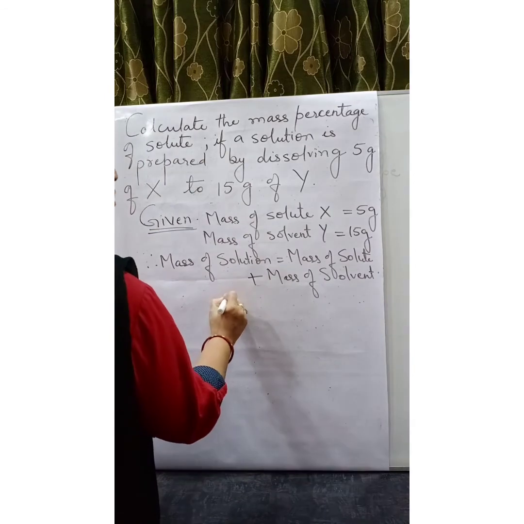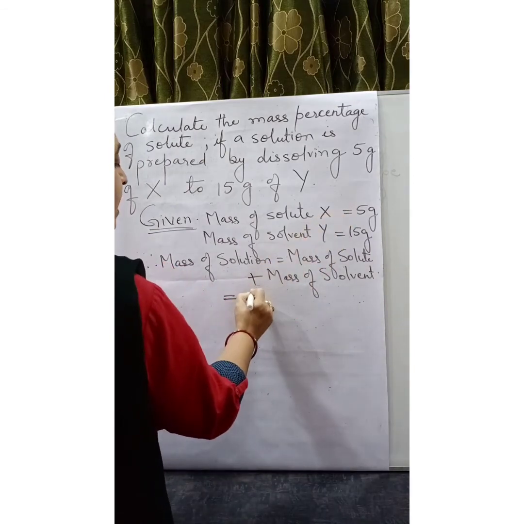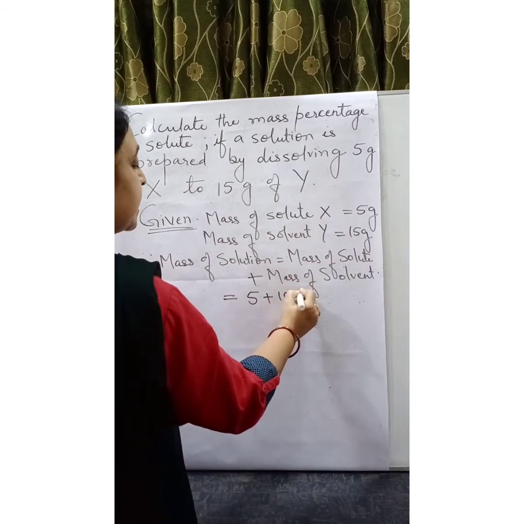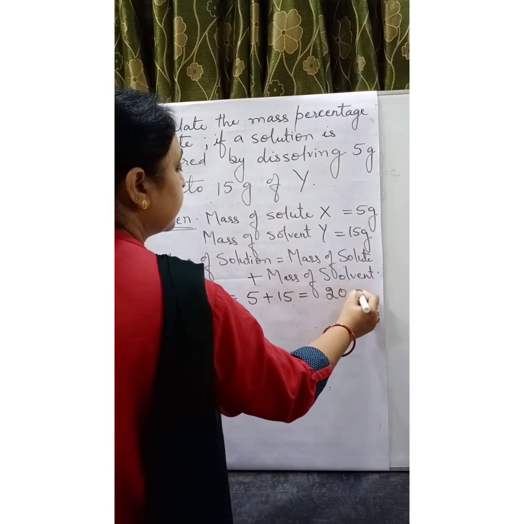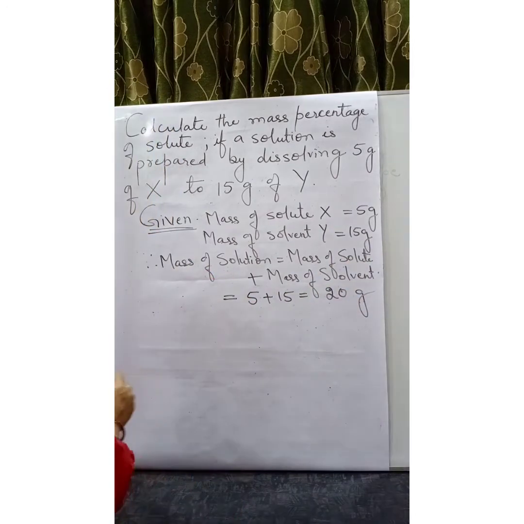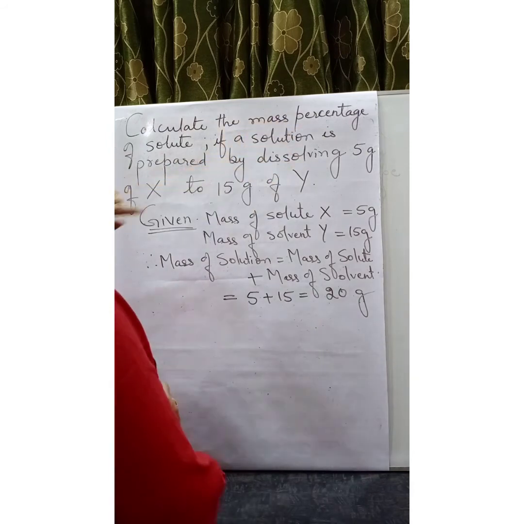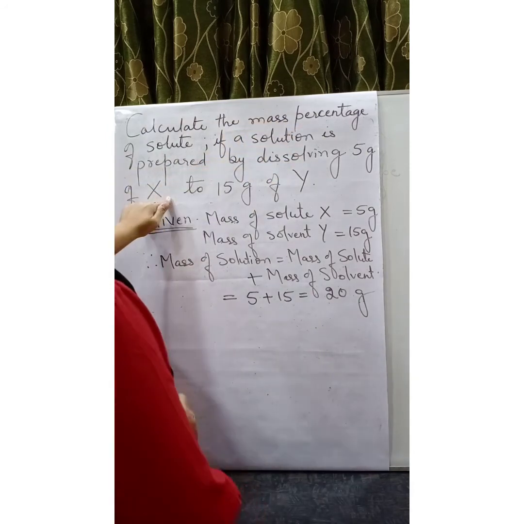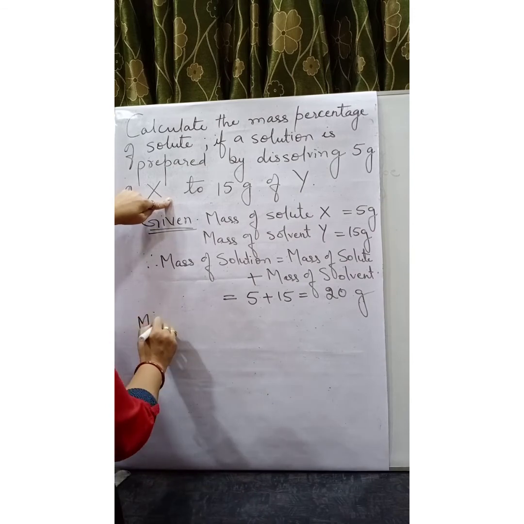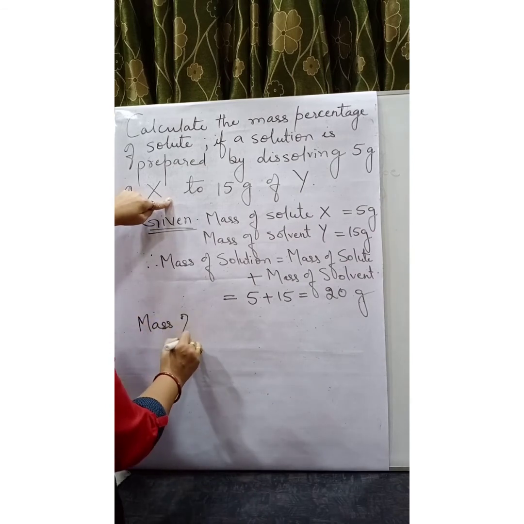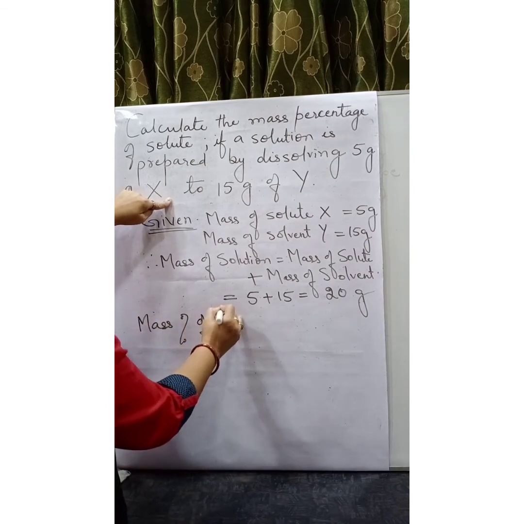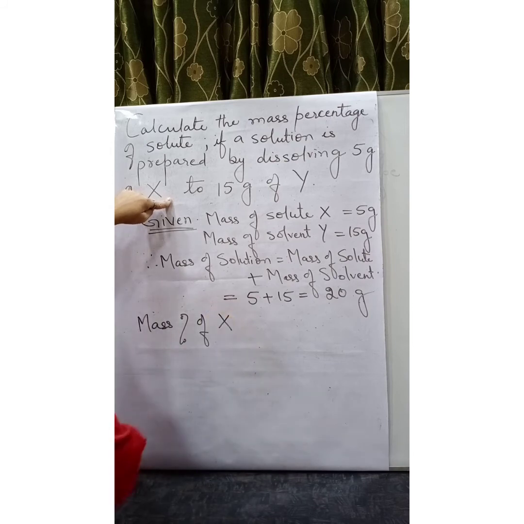That means mass of solution is 5 plus 15, which is equal to 20 gram. Now put down the mass percentage formula. You have to find out the mass percentage of X. We have to find out for the solute.